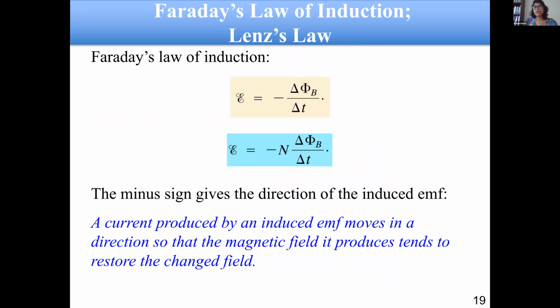Okay. So now, after we know what magnetic flux is, that means how many magnetic field lines cross through your loop, if you know how to calculate how much magnetic flux crosses through the loop per unit time, then we call it the induced EMF.